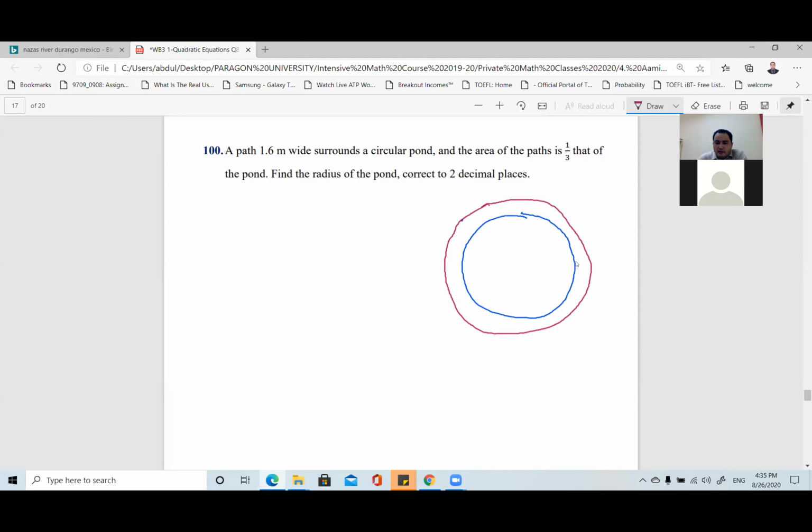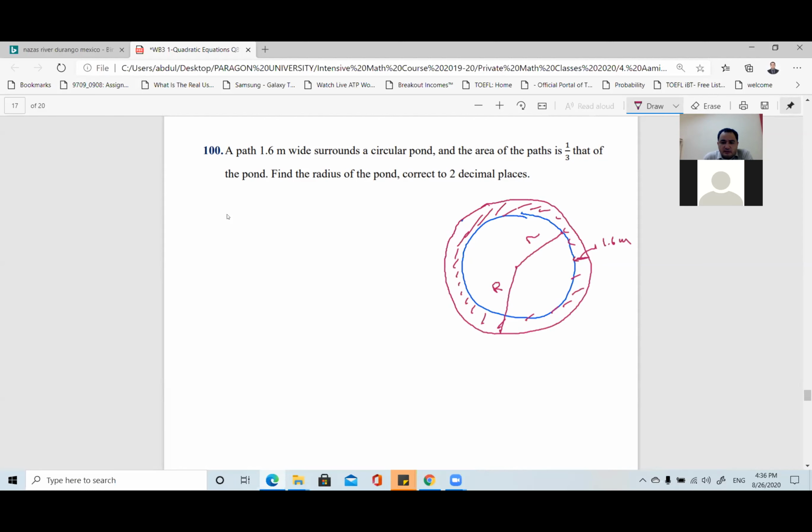The width of this path is 1.6 meters, and the area of the path is 1/3 that of the pond. That means, let me shade this path. So we are talking about this, and let's say the radius of the small circle is r, and the big one is capital R.